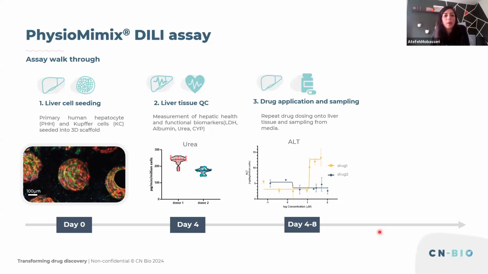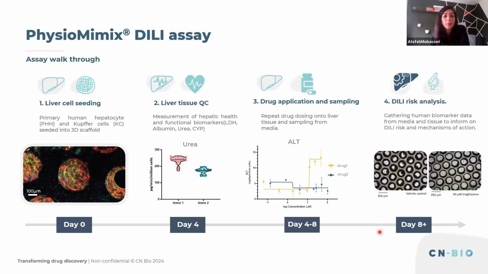So we can add the drug and then start looking at how this drug affects the hepatocytes. By including different endpoints and looking at different suitable biomarkers, we can understand the hepatic signature of different compounds in our culture.